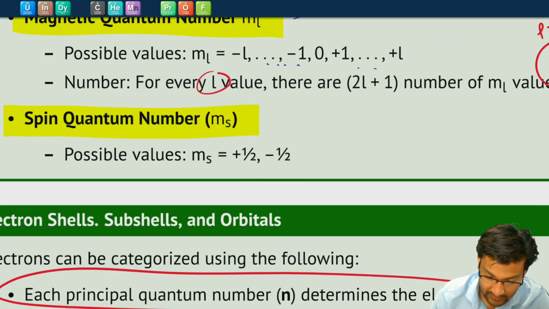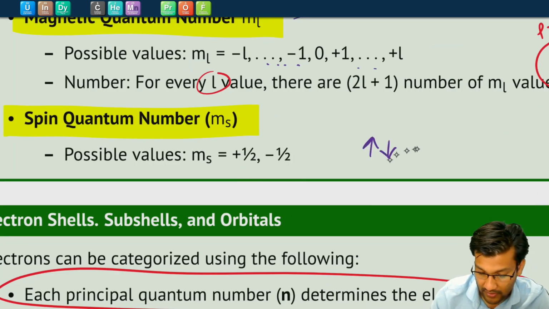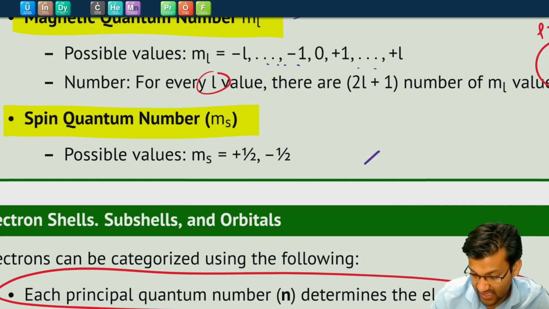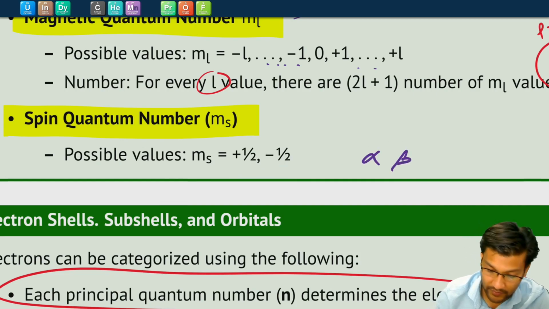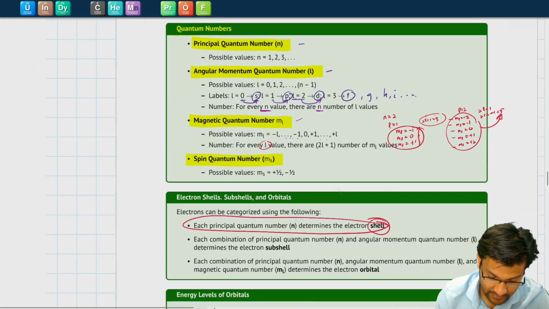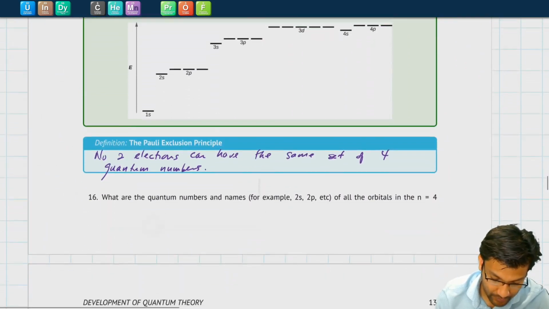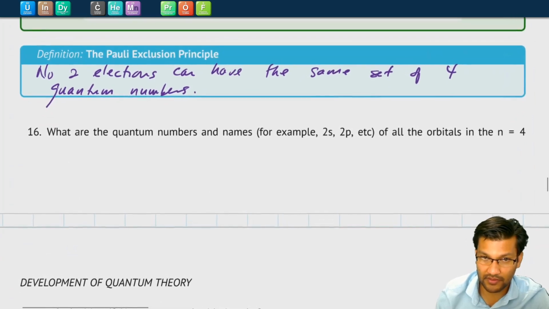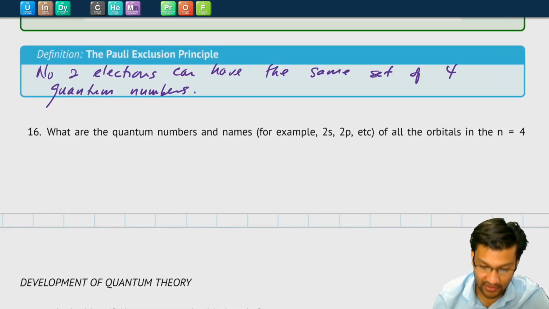Some people call that up spin and down spin, or positive spin and negative spin for the ms values. Alpha spin and beta spin, really, it doesn't matter what you call them. You can call them George and Mary, doesn't matter. But no 2 electrons can have the same set of 4 numbers. So one of the quantum numbers must be different from the other electrons in the atom.